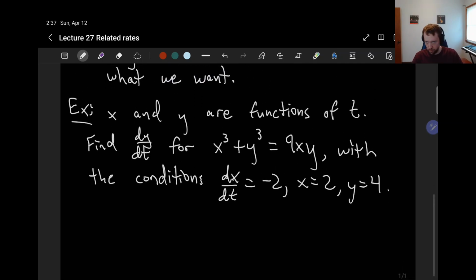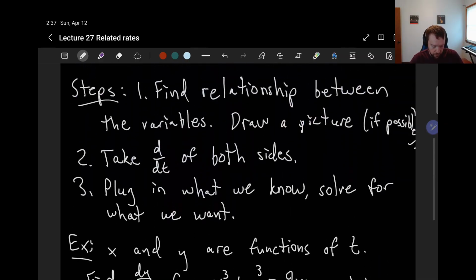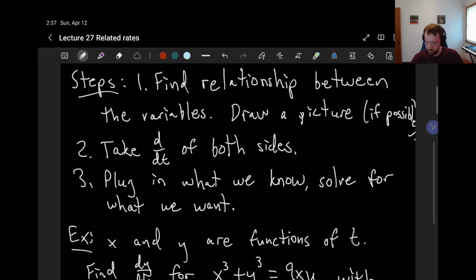So then given all that, we want to find dy/dt in this moment. So step 1 is pretty much done for us already. The relationship was told to us. We got the equation. And a picture is not really necessary for this. We don't have a real world scenario set up.